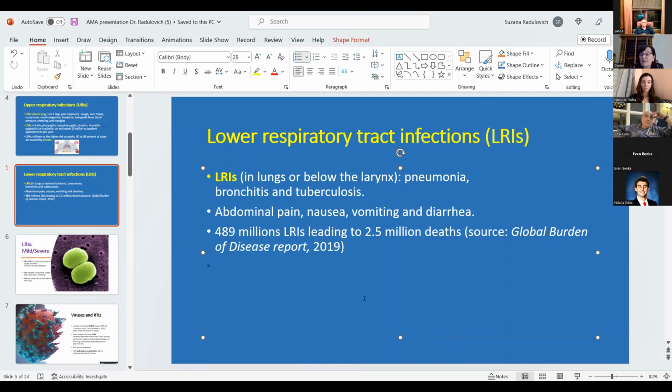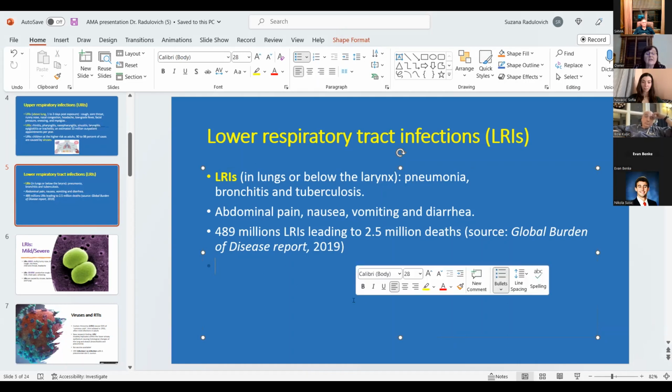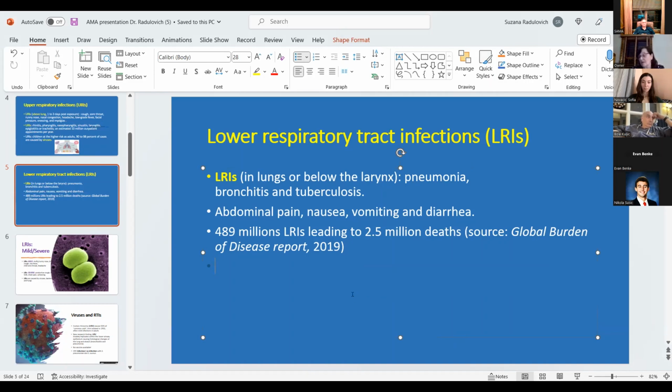Now, lower respiratory tract infections, if they're progressing, can of course present with abdominal pain, nausea, vomiting, and diarrhea. If you look at the global burden of disease report, the last one being 2019, almost 500 million lower respiratory tract infections lead to 2.5 million deaths. So respiratory tract infections in primary care settings are very important.